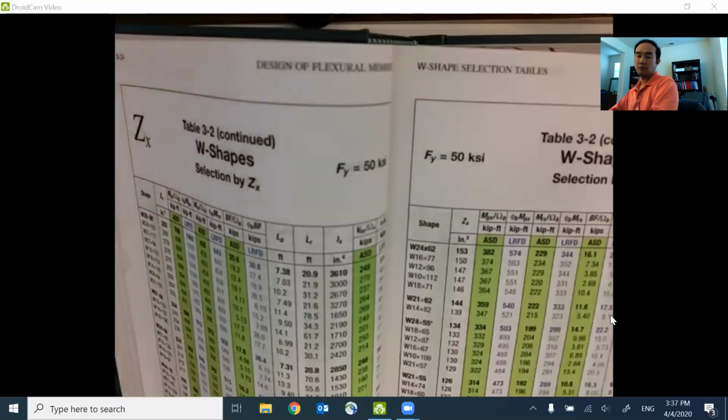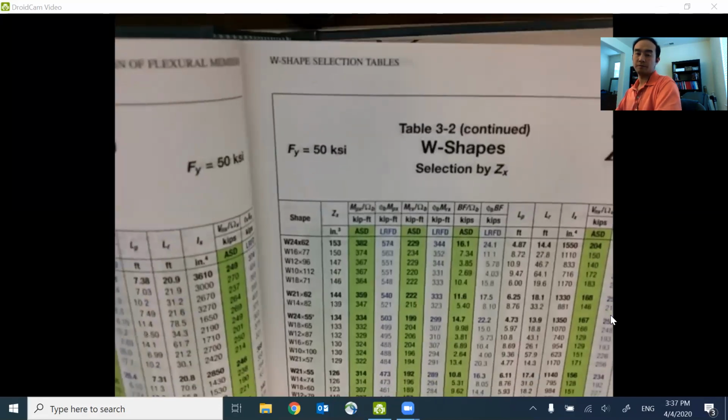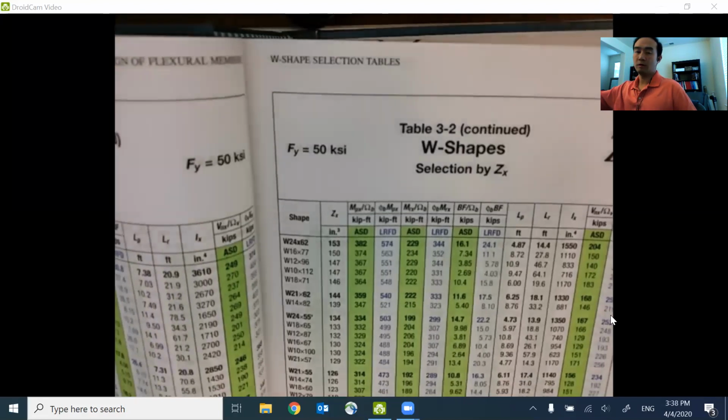All right, so here we have my steel manual. Okay, so we are going to start from here.